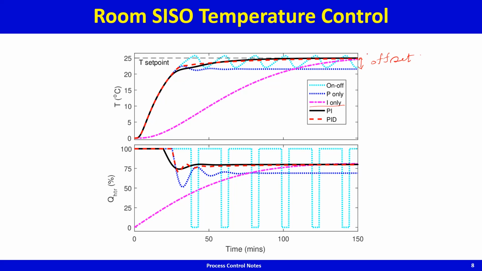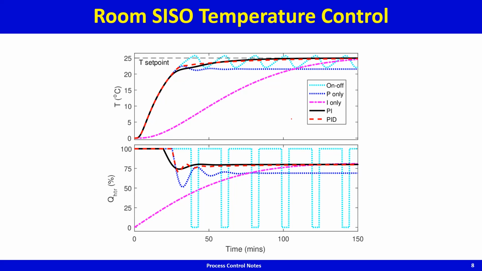For PI and PID control, the responses are shown here. The black curve is PI, the red curve is PID. You can see the red curve is slightly above the black curve, and so control of the process variable is slightly tighter with PID control. But PI and PID have similar responses.